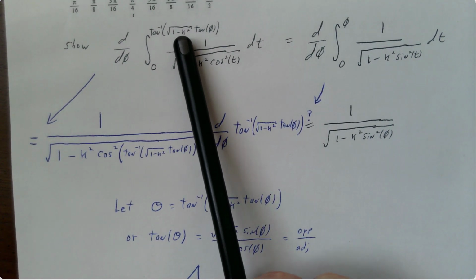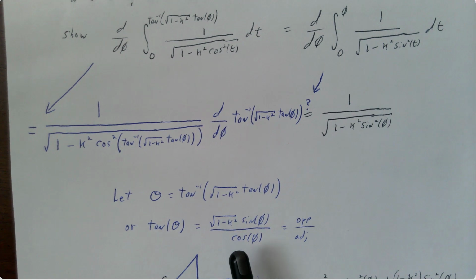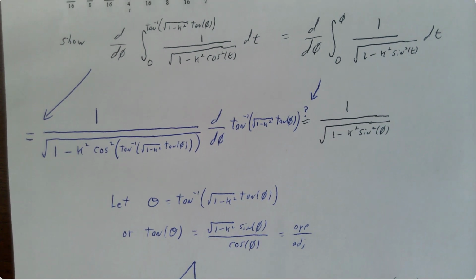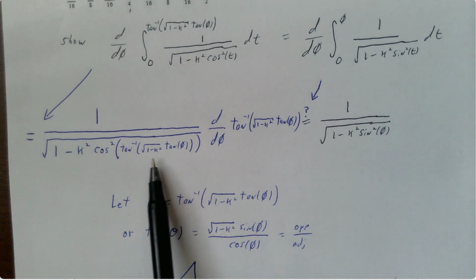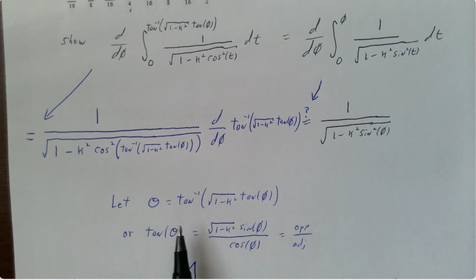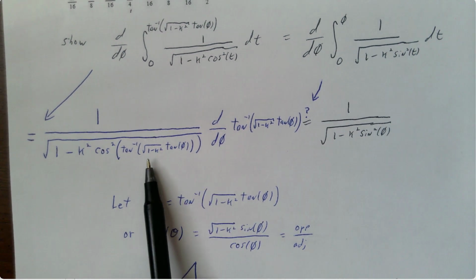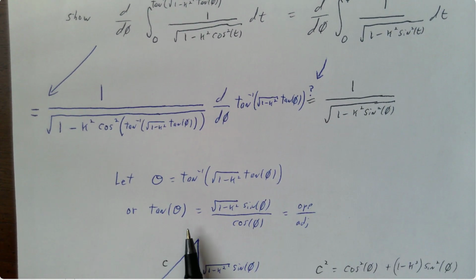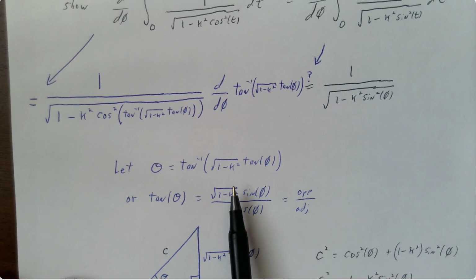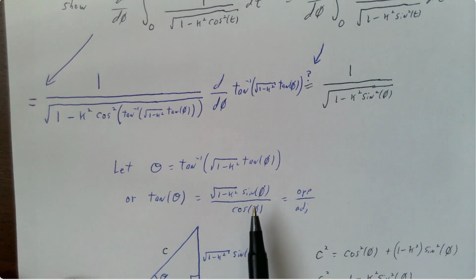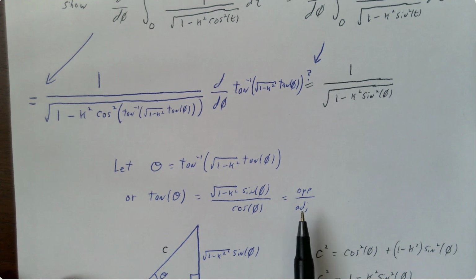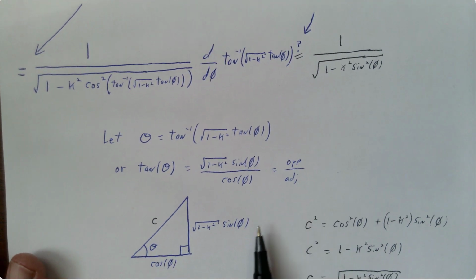So if I plug this in, what's the value of cosine of this quantity? Well, I'll let theta be this value, or tangent of theta then is this quantity. Tangent of phi, sine over cosine, opposite over adjacent.